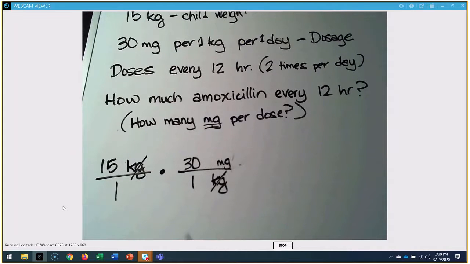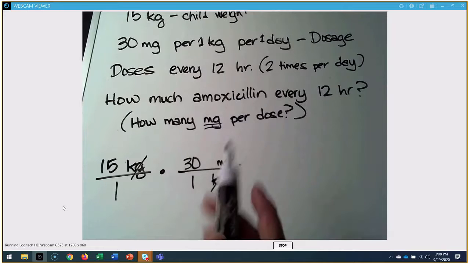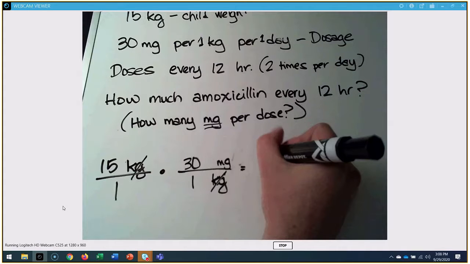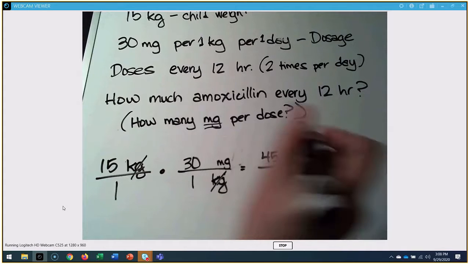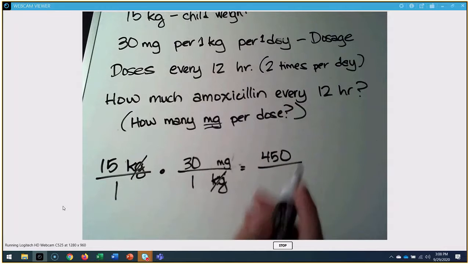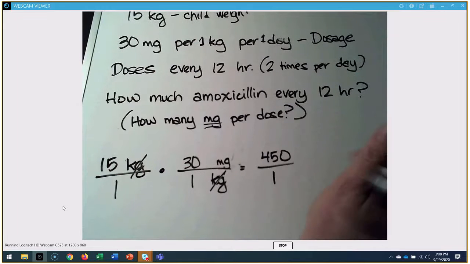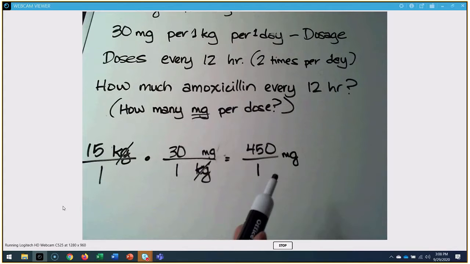So let's see what I get. 15 times 30 is 450. 1 times 1 is 1. So my answer is milligrams. Now, here's another thing we've got to pull in.